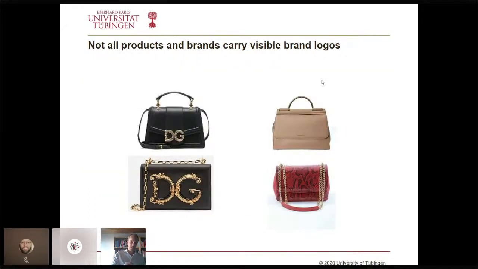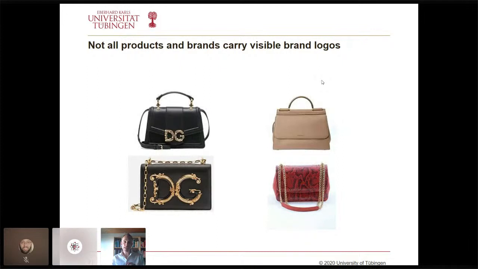The interesting part is that not all products actually do carry visible brand logos, but still the products have visual information about the brand. So they have a design language, an aesthetic language, and we will try to identify this or incorporate this in the neural networks.